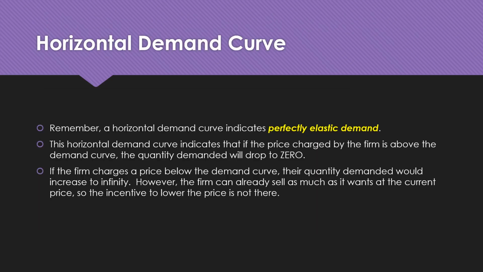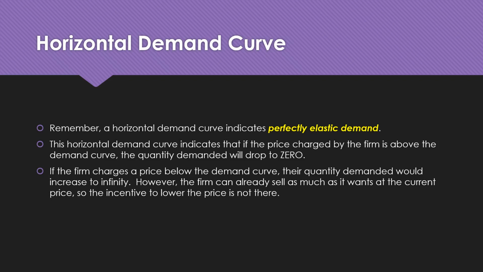As I mentioned before, we have a horizontal demand curve, and if we think back to our discussion on elasticity earlier in the course, perfectly elastic demand implies an elasticity of infinity, or a price elasticity of demand of infinity. And so what does that mean?